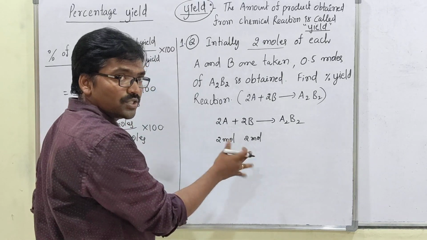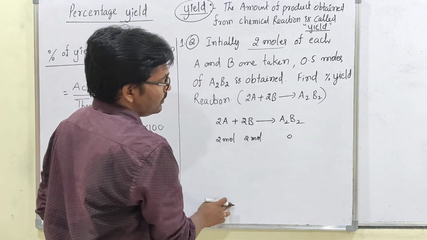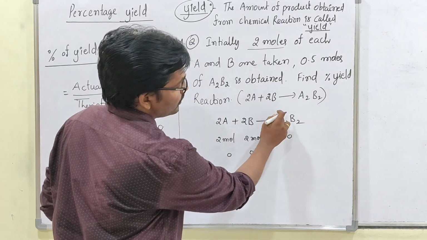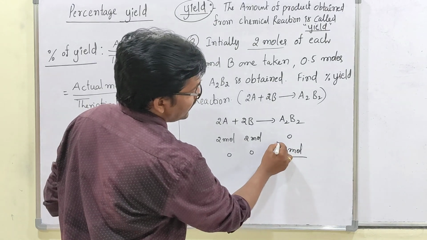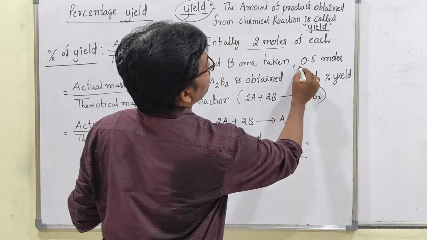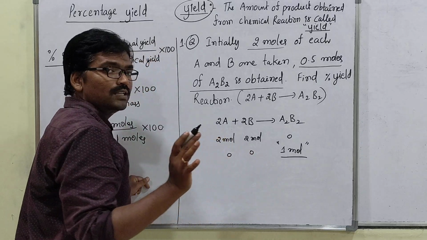Sir, before the reaction goes on, 0 moles of product are formed. After the completion of the reaction, how many moles are formed? Look here. Only 1 mole is formed. So theoretically, how many moles did we get? 1 mole. But actual moles, how many are given? 0.5 moles of A2B2 is obtained, as mentioned.